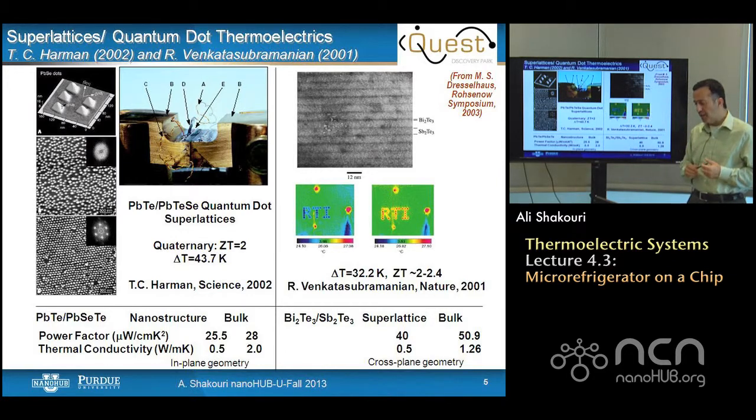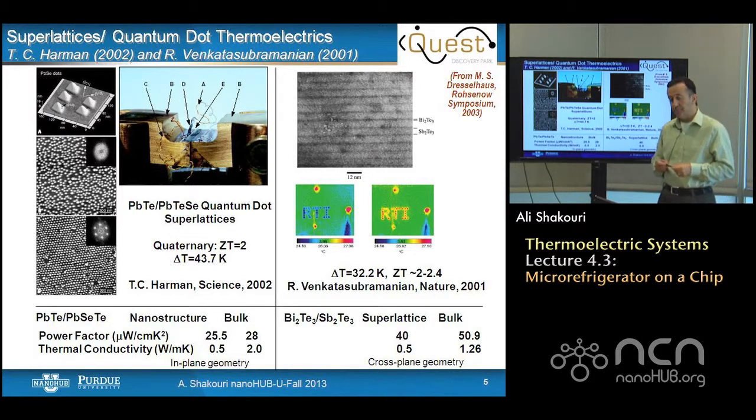In week 5, we go over some of the physics of this and compare experimental results with some of the modeling that Professor Lundström described in week 2. But one aspect from a system point of view I want to emphasize is that to get this type of cooling performance, one does not need to get high ZTs.